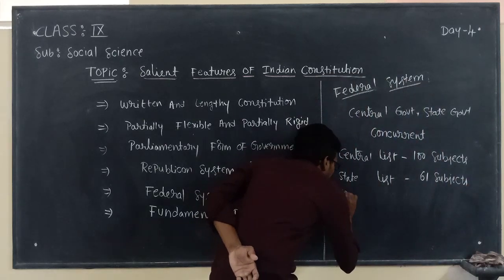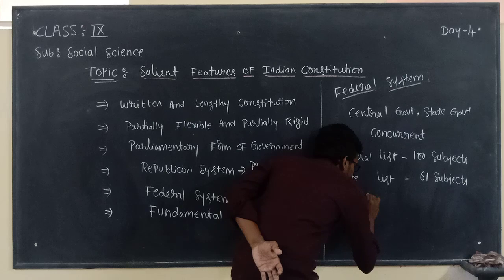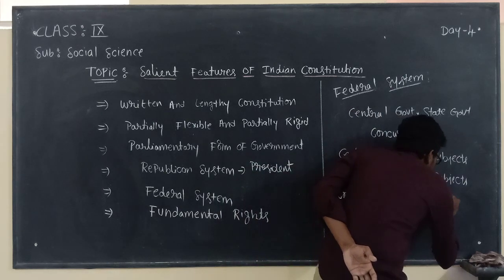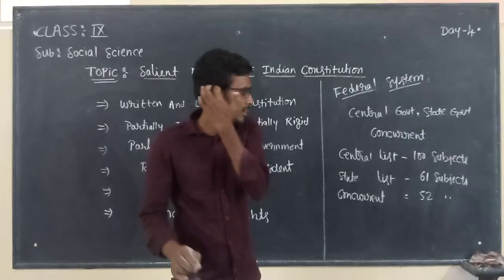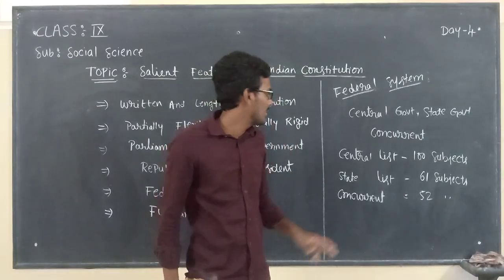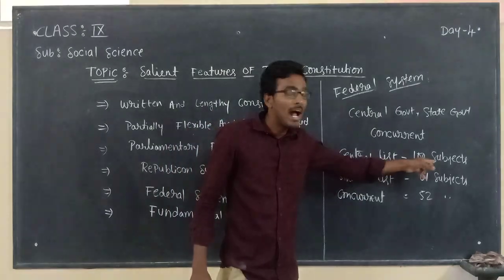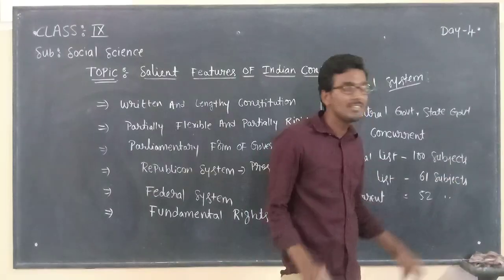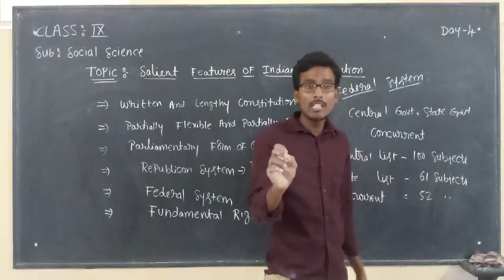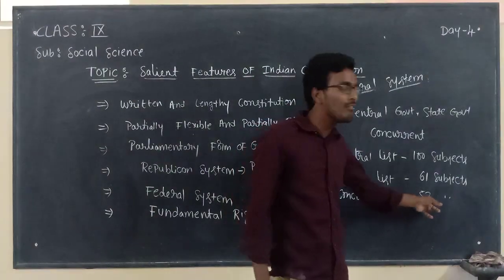And concurrent has 52 subjects. Listen. The administrative powers will be shared among central and state. Central government will have 100 subjects. Subject means here topics. State has 61 subjects, 61 topics. And the concurrent 52.